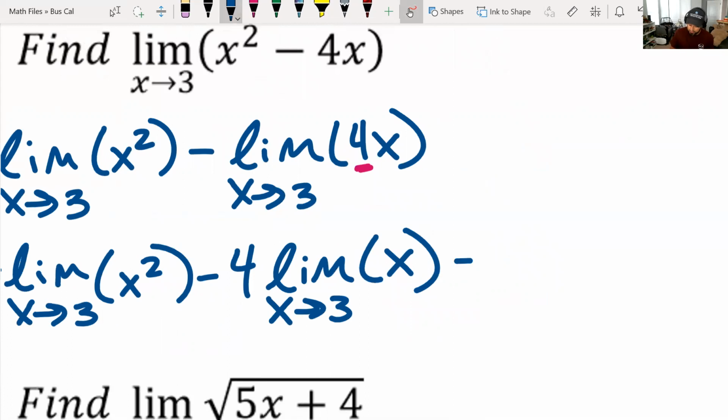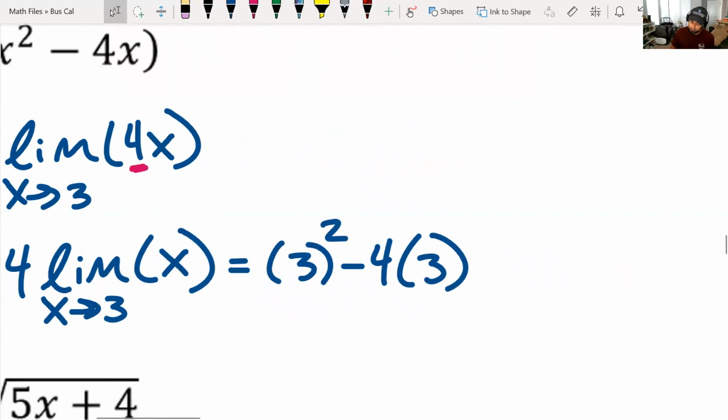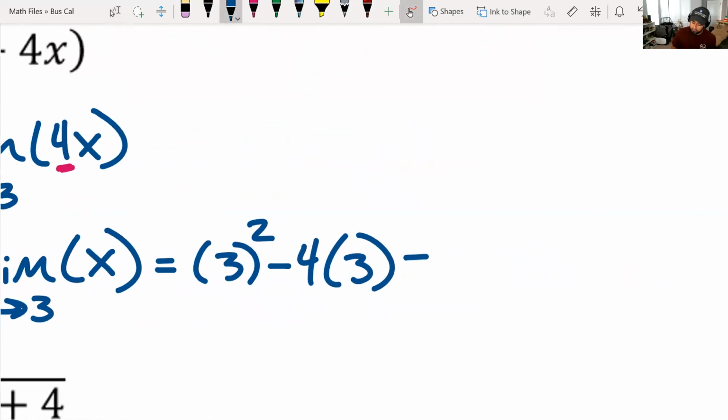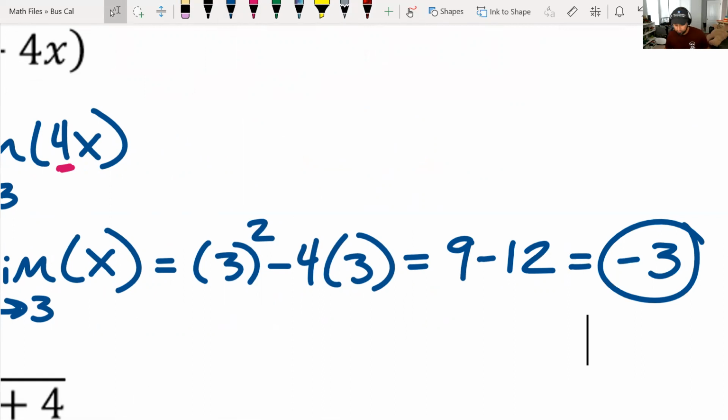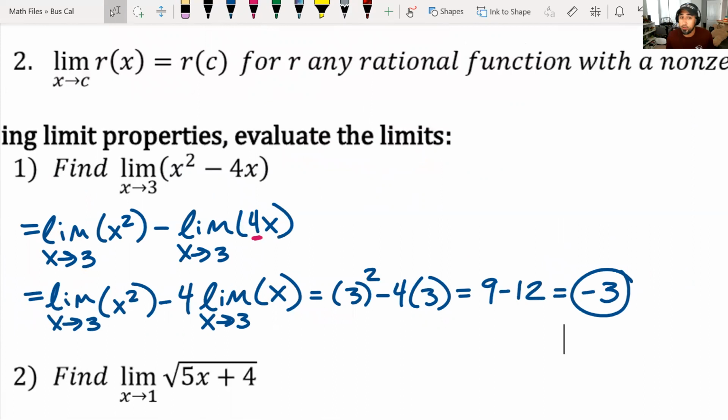Which means you'll get 3 squared minus 4 times 3, which gives us 9 minus 12, which gives me -3. So the limit as x approaches 3 of x squared minus 4x is equal to -3.